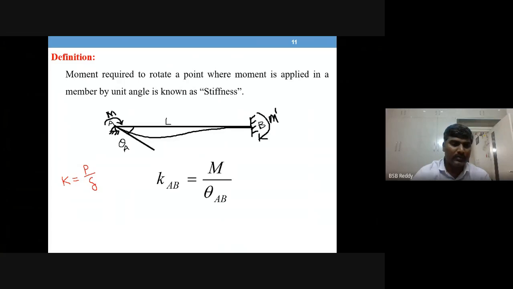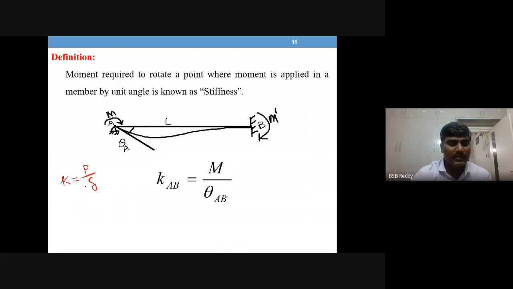That is, load divided by displacement at the corresponding point where the load is applied and in the direction of the load. This is the complete meaning of stiffness.